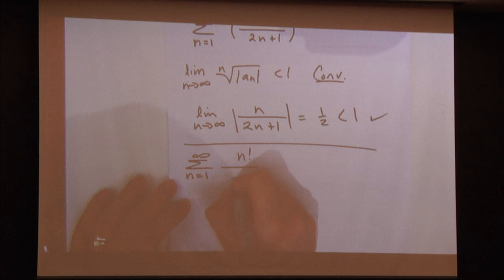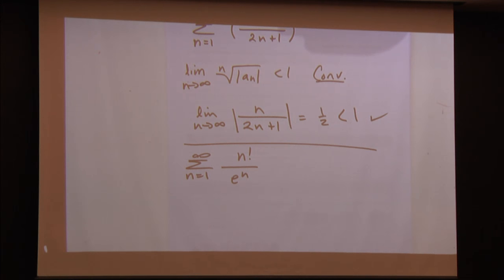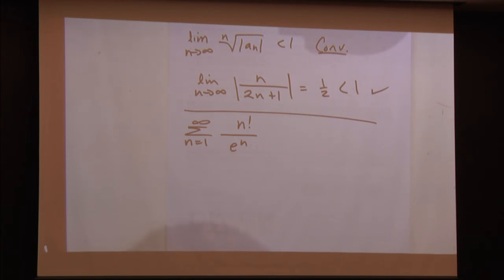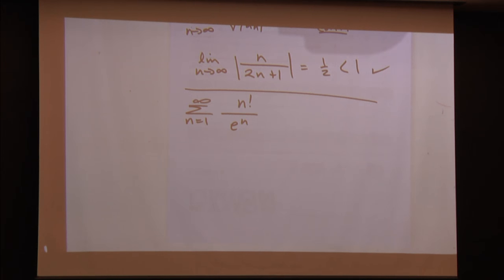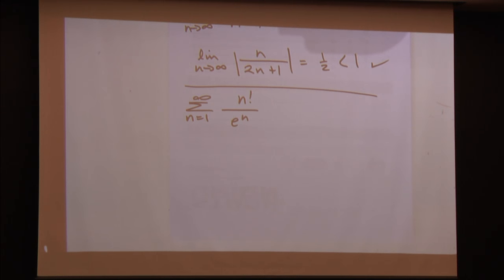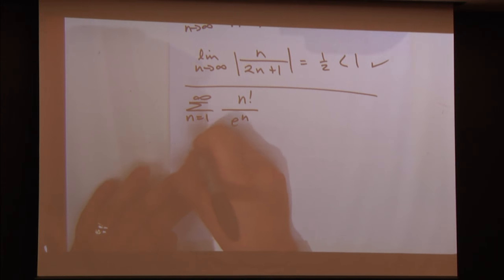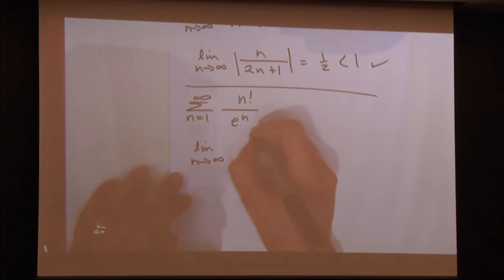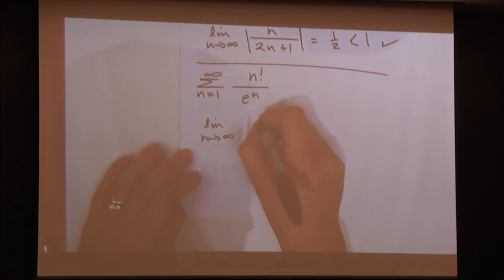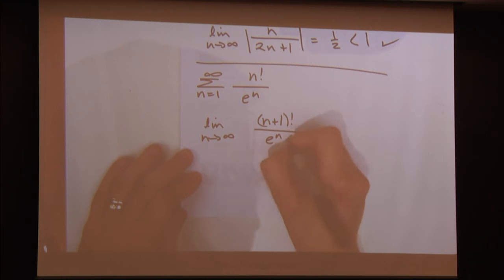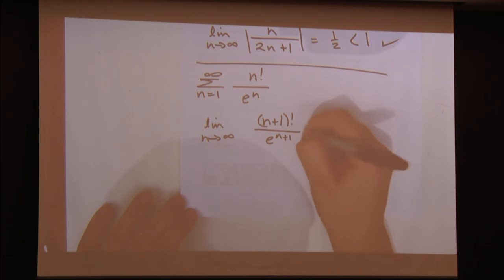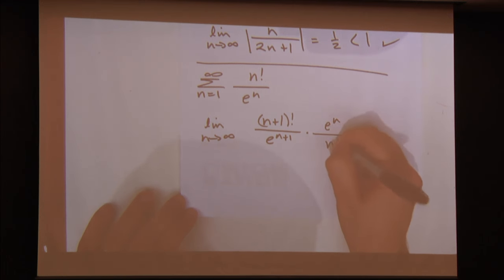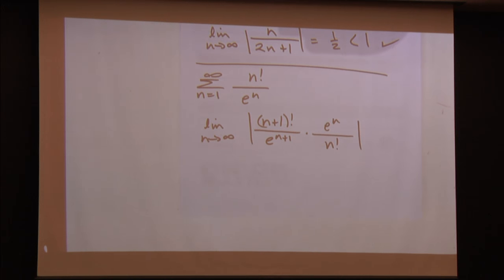n factorial, e to the n. Converge, diverge, or conditionally converge? We see a factorial, so it screams ratio test. Every time you see a factorial, always do ratio test. So the limit as n approaches infinity of n plus 1 factorial, e to the n plus 1 times e to the n over n factorial, absolute values.